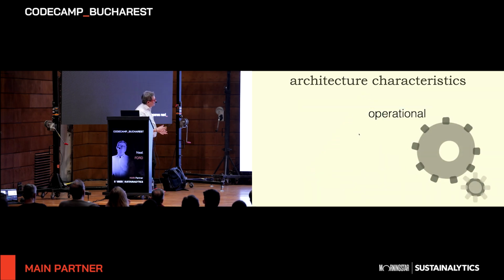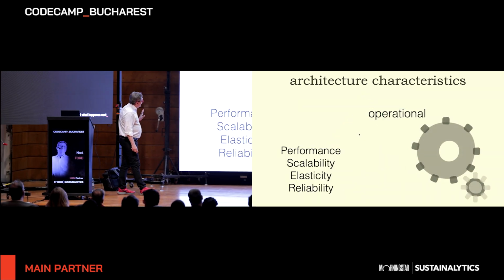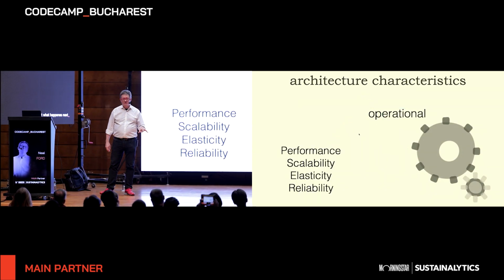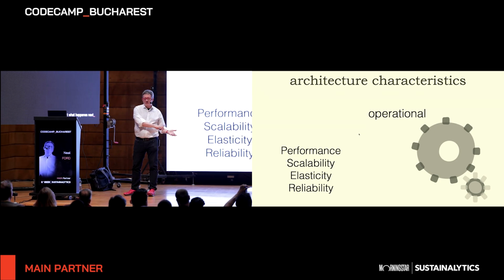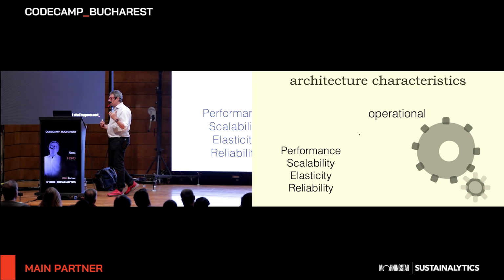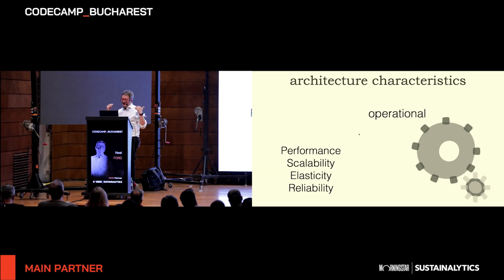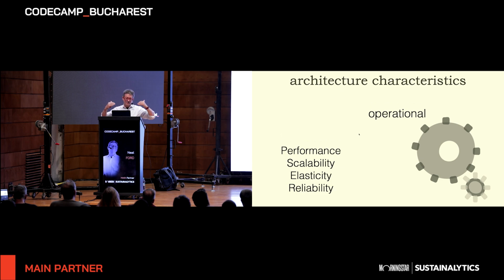One of the families of these characteristics we care about a lot are these operational architecture characteristics, because these are the ones that often drive us from one architecture style to another, from a monolithic system to a distributed system, because once you hit a certain level of scalability or elasticity, it's very difficult to achieve that in monolithic kinds of systems.